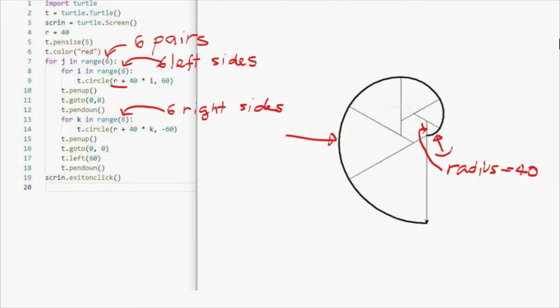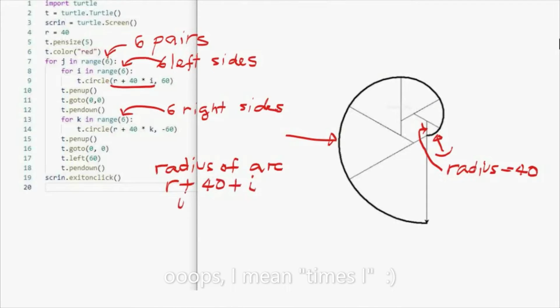This one here is called the radius of the arc. So, radius of arc, and remember, there are many arcs in one spiral, is equal to r plus 40 times I. Now, what is the radius here?